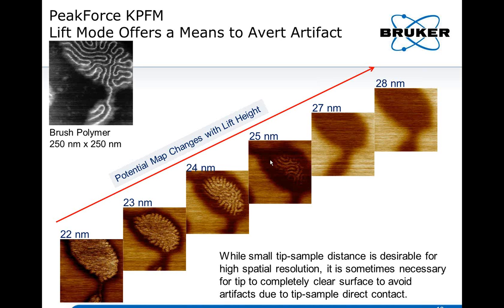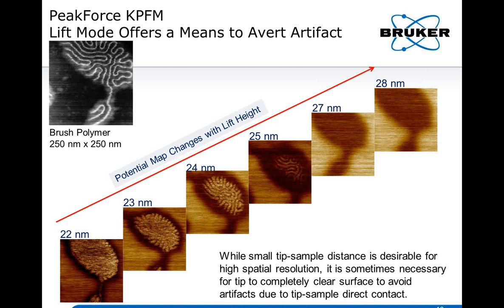Why? When you lift the tip above the surface, if the tip is not clear of the surface, the tip will still be contacting the surface, and it will cause an abrupt phase change, and that will show up in the potential map. Now, when the tip is barely but completely clear of the surface, it will be gone.